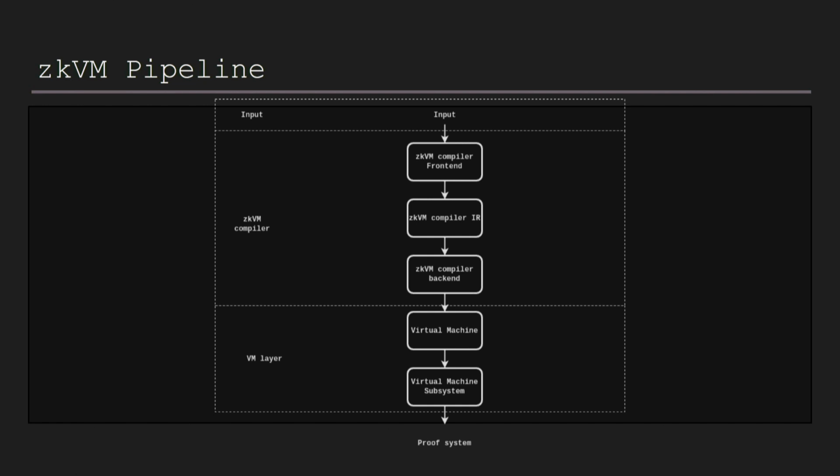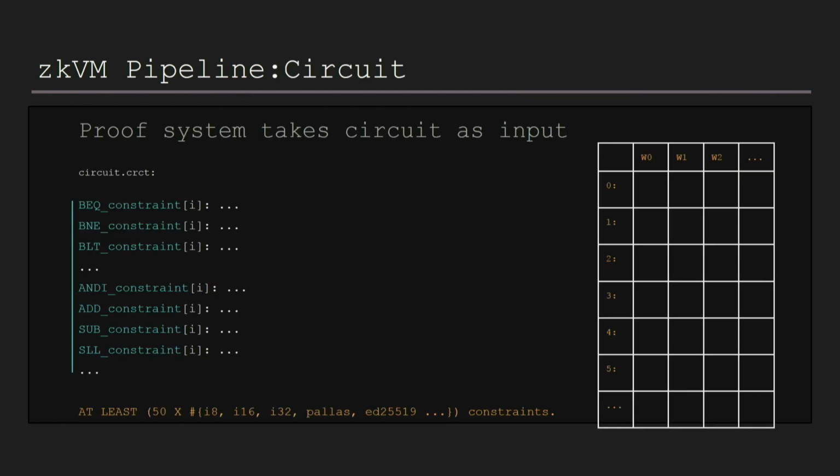But when we tried to use a zkVM, we understood that there is the problem Mike told about. The zkVM circuit, which is the circuit put into the proof system after the execution of the zkVM, contains a lot of additional stuff, a lot of constraints which represent the logic of the virtual machine.